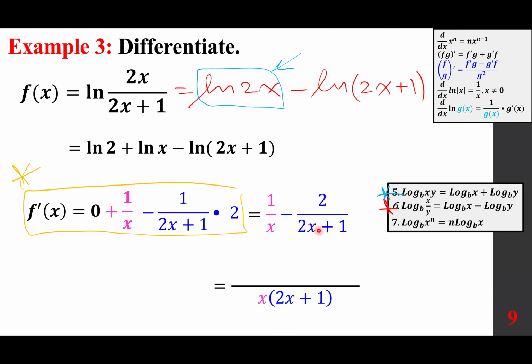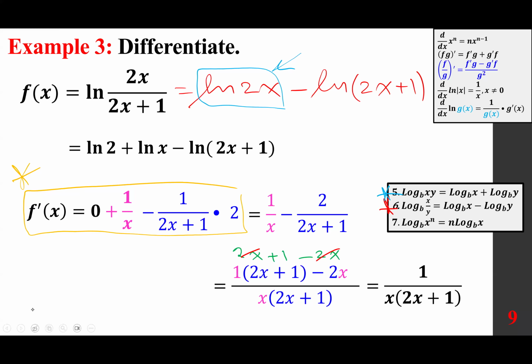That means 1 times 2x plus 1 minus 2 times x. So the numerator is 2x plus 1 minus 2x, which cancel each other. The final answer, f prime of x, is 1 over x times 2x plus 1.